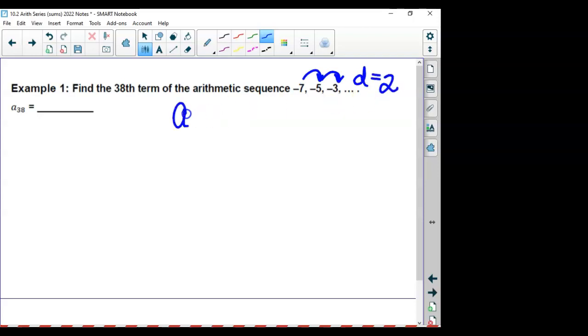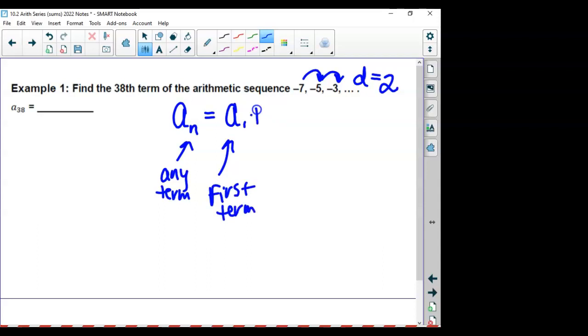So the formula from our sheet is a sub n, which means some later term, is found by adding a sub 1, the first term, plus the difference, n minus 1 times. This is the common difference. This is just review or new for people who weren't here. Common difference, and n is the term number.